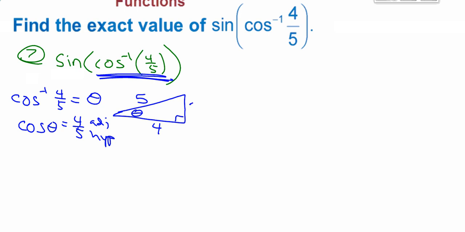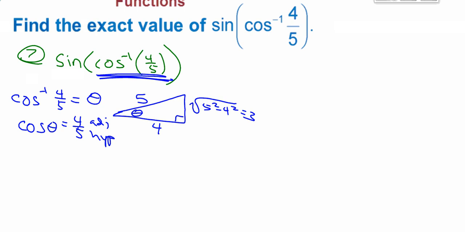If it weren't a 3, 4, 5 triangle, we know that we could go the square root of 5 squared minus 4 squared, square root of 25 minus 16, square root of 9, and so that is 3. Now, do I know theta right this minute? I could figure it out if I wanted to, but right now I don't know it. And not only that, I don't need to know it because what do I have to find of theta?